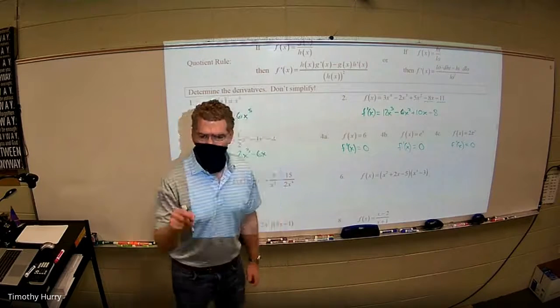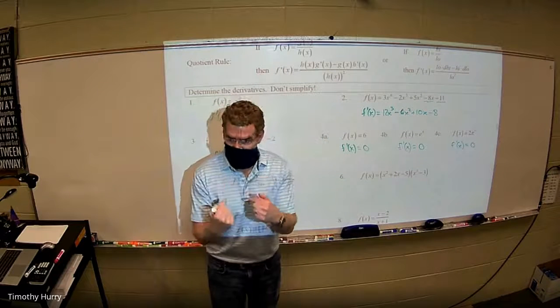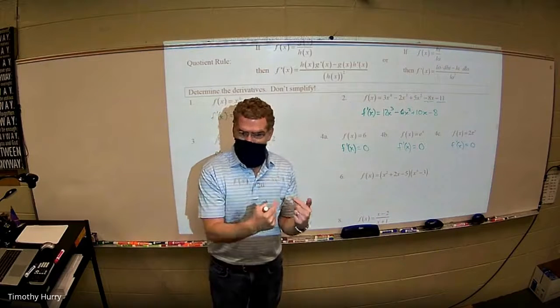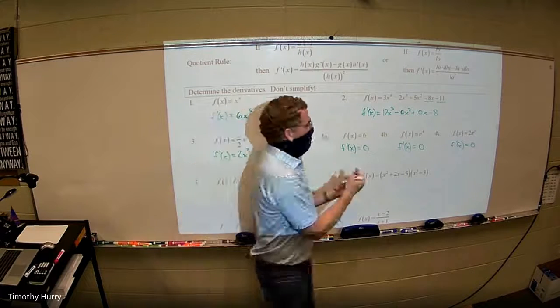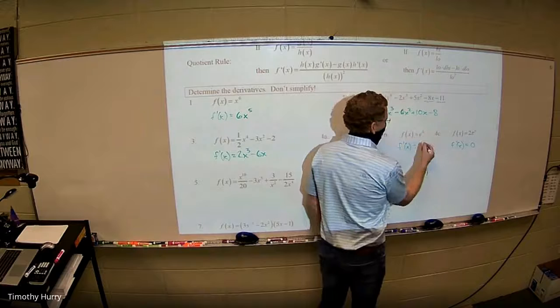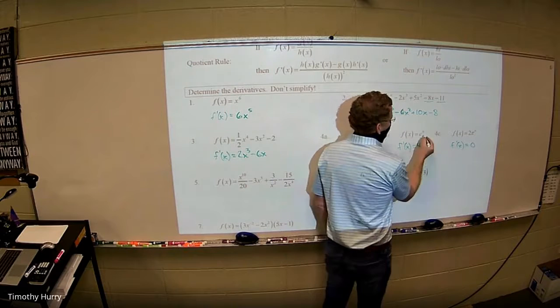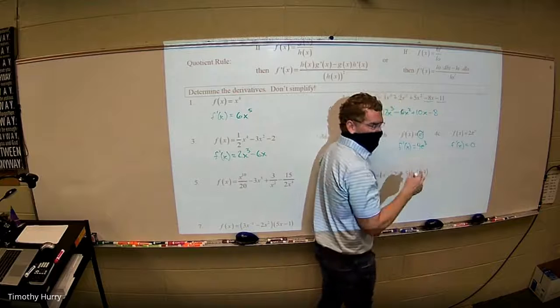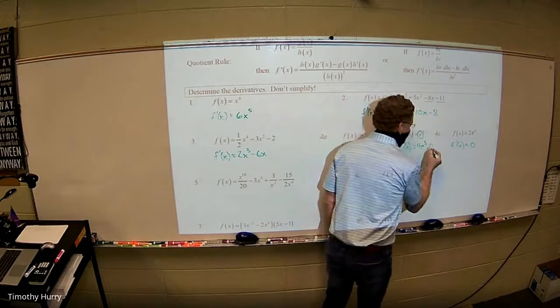And by the way, it goes back to, remember what I said about the x? Technically you're right, you're taking the derivative of the x with respect to x, but dx cancels. So if you had really applied the rule here, this is what you would have done. You would have gone 4e cubed, but then you would have said, what's the derivative of e with respect to x? Well, the derivative of e, because it's a constant, is 0.